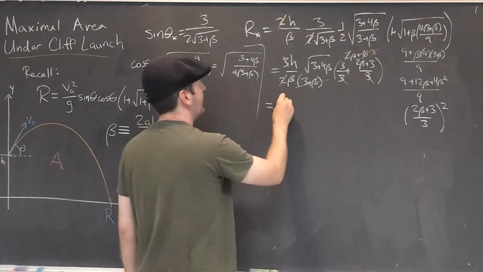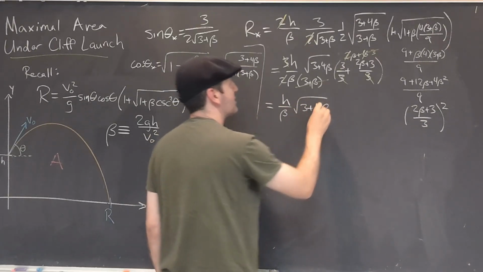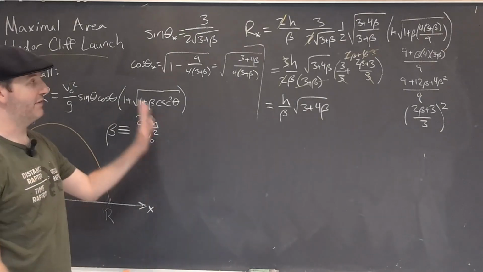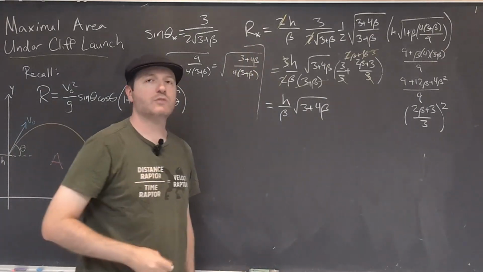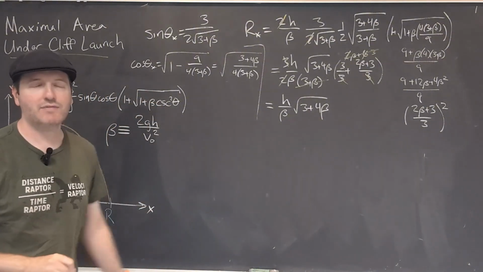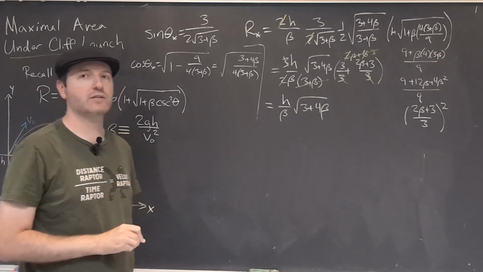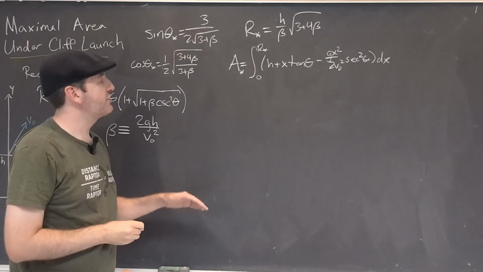And so at the end of the day, we get the very nice result, for our range corresponding to maximal area. Might not have expected it from the amount of effort it was taking. All right, let me save this off to the side, and now we'll go finish things off by plugging these into our area. Okay, we're ready to finish it off.